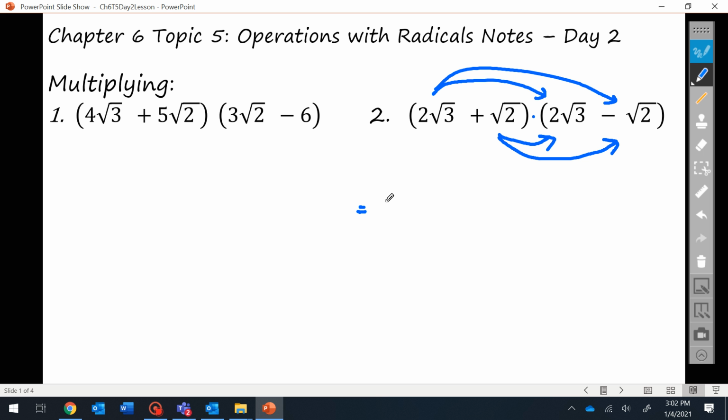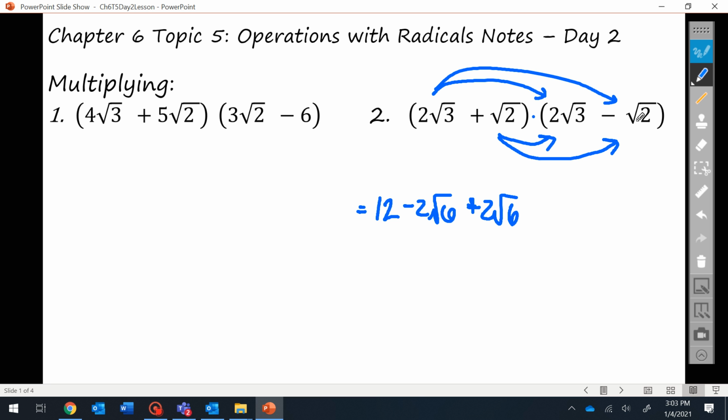2 times 2 is 4, and root 3 times root 3 is 3, so 4 times 3 is 12. Then this is negative 2 root 6, because root 3 times root 2 is root 6. Let's move on to this one. So that's positive 2 root 6, because 2 times 1 is 2, 3 times 2 is 6.